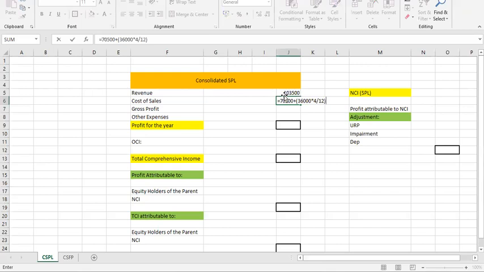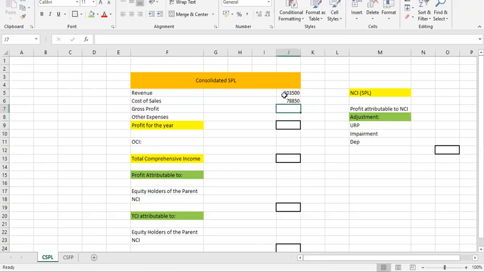Then you have brackets close. Then you have the intra-group cost of sales. Now then you have the unrealized profit, which was 400. And then you have the depreciation. Normally it is allocated, but here it was the downward, so minus 50. So it will be 78850. So what will be the gross profit?